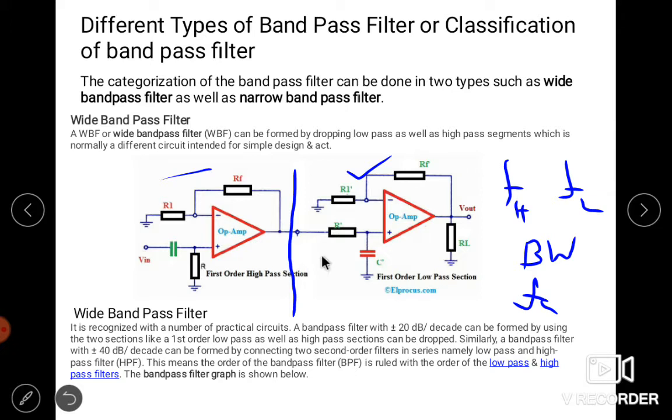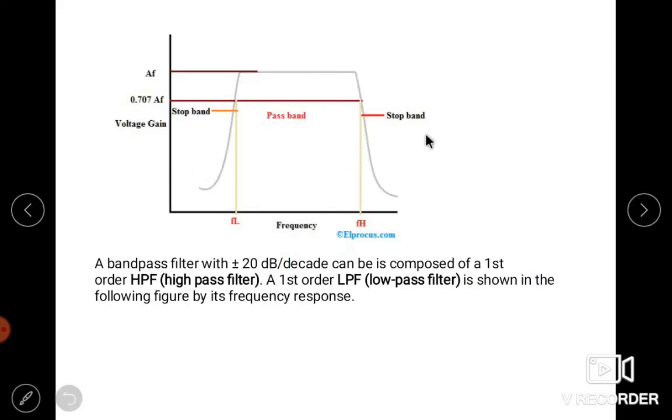So this is all about the circuit parameters. Now come to this picture, which is the output of this band pass filter. These areas are called the stop band, and this area is also the stop band.